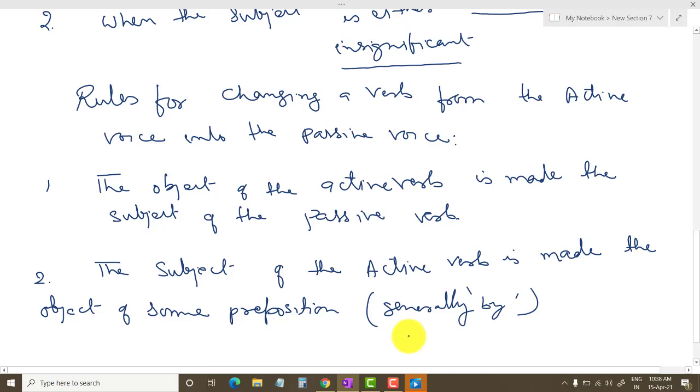The subject of the active verb is made the object of some preposition. So this is your second rule.